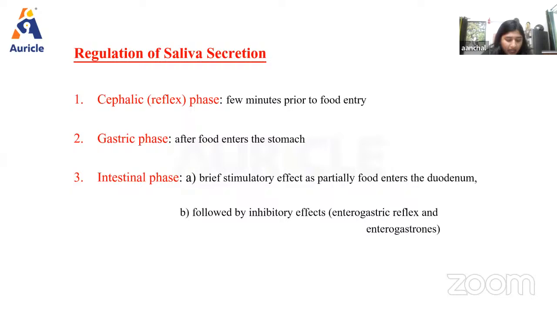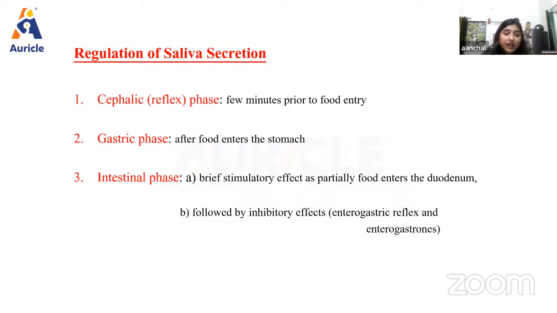In the conditioned reflex, there is no necessity that food should be present inside the mouth. This reflex can be initiated whenever we look at the food, hear about the food, or have a thought of food inside the brain.